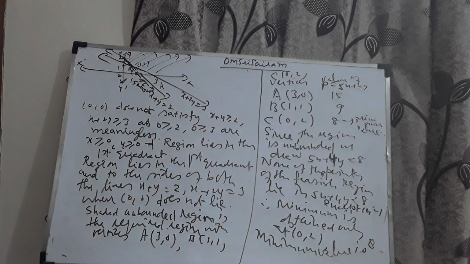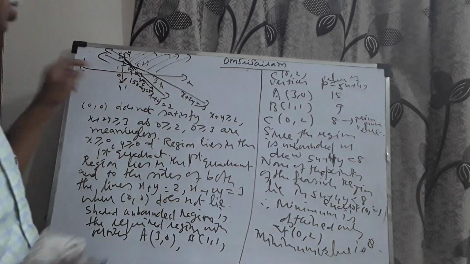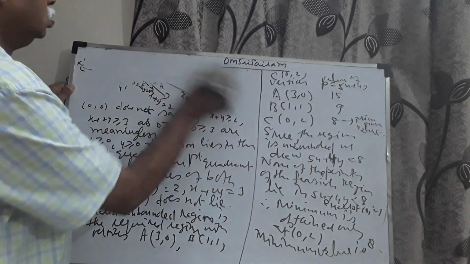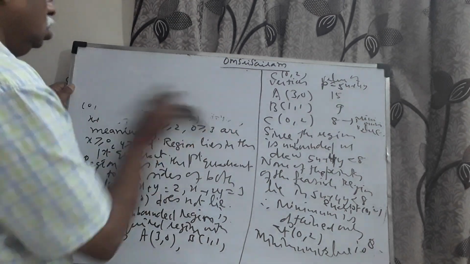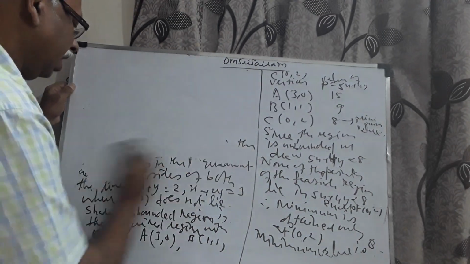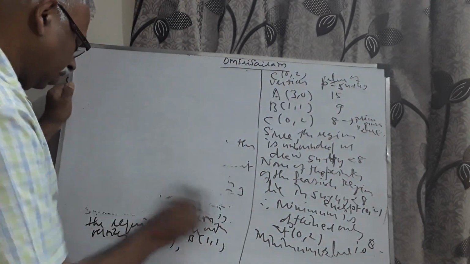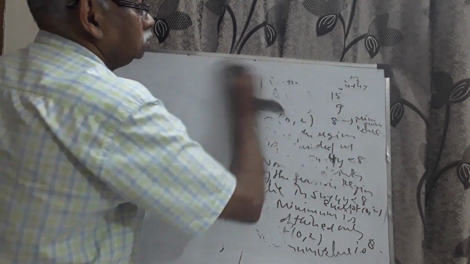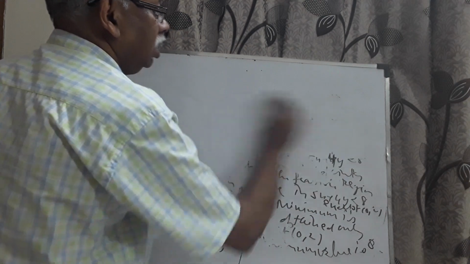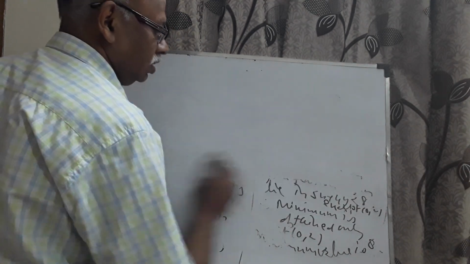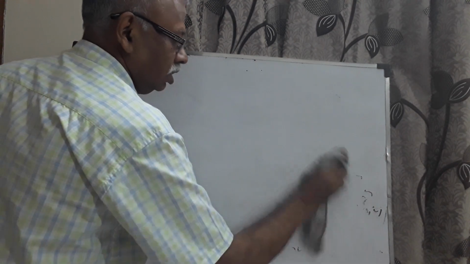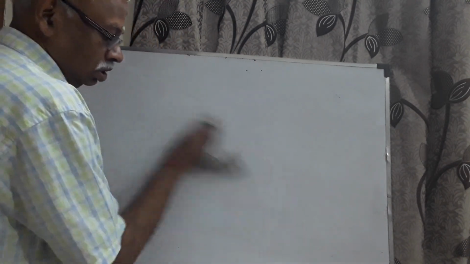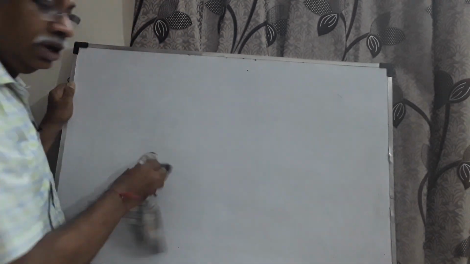For any unbounded region, remember this particular point, how to draw the particular line 5x plus 4y equal to 8 and find the region 5x plus 4y less than 8, and then you explain none of the points of the region lies in the feasible region. Better write and give the conclusion as it is where you have earlier as your minimum value.